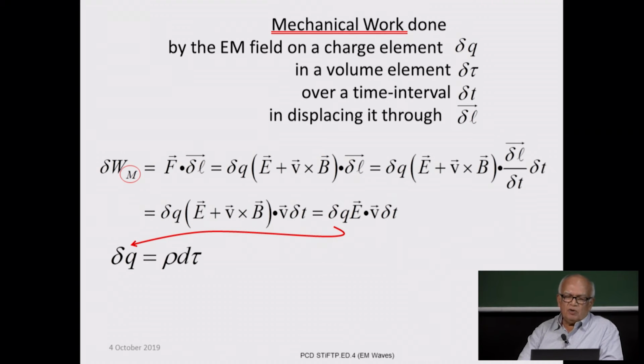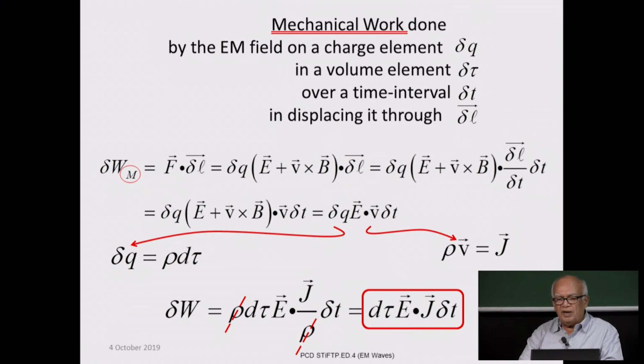Delta Q is nothing but rho times delta tau, the charge density multiplied by the volume element. What is the velocity V? It is the current density vector divided by the charge density. Rho V is equal to J. So delta Q has got rho in the numerator, V has got rho in the denominator because V is equal to J over rho, right?